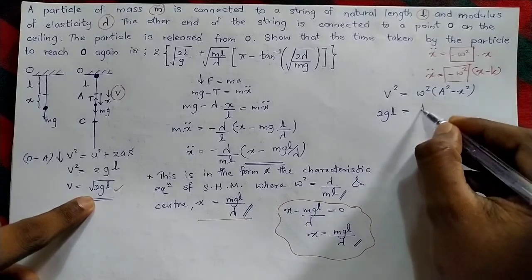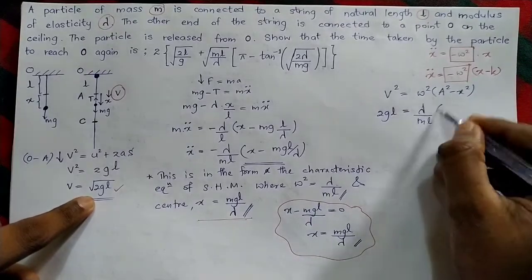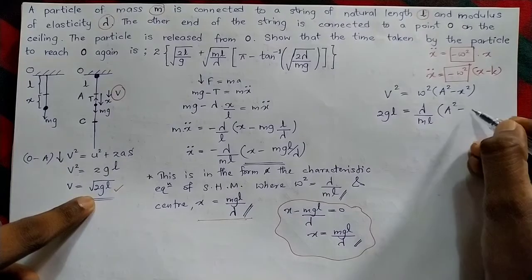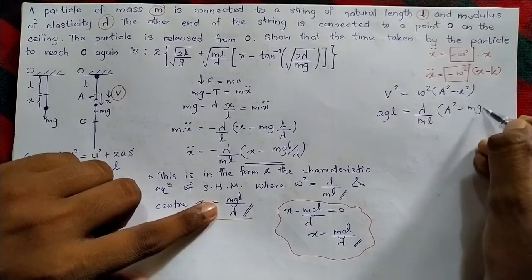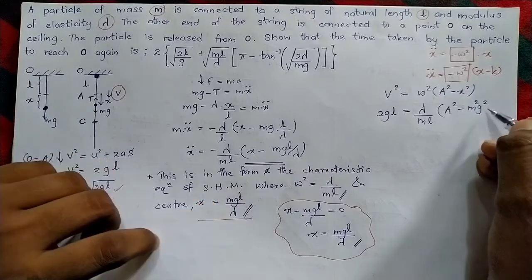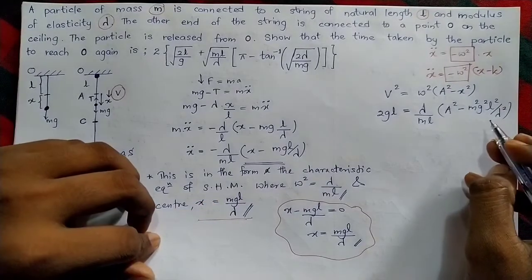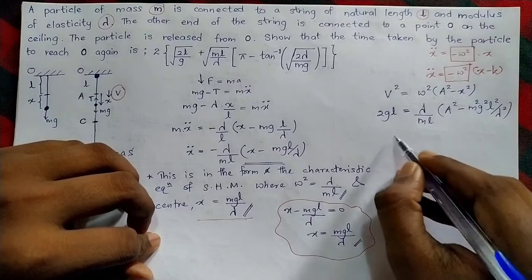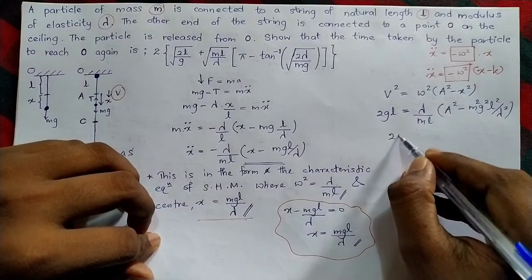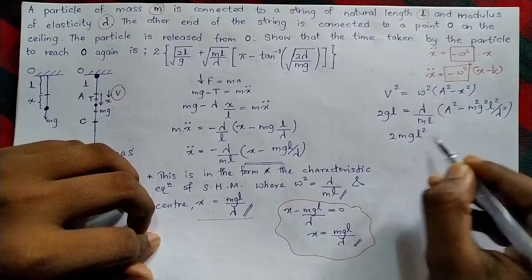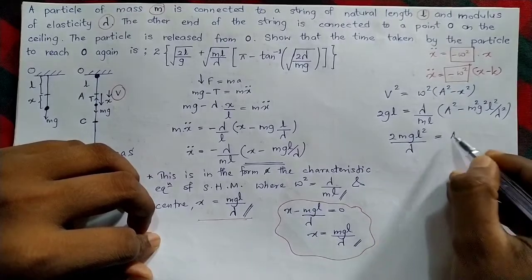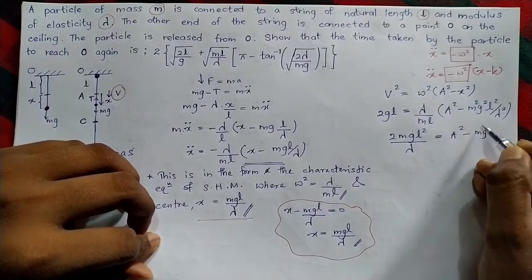Omega square is lambda over ml, into amplitude square minus separation, which is mgl over lambda, squared. Now cross multiply, and you have 2mgl square over lambda equals amplitude square, this one.